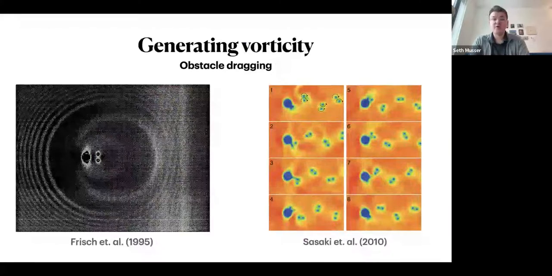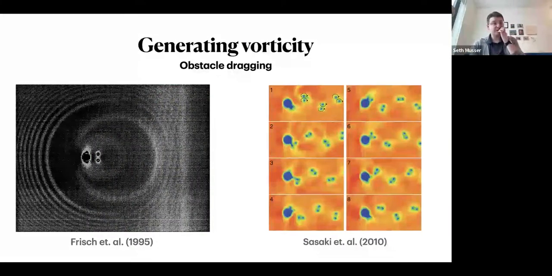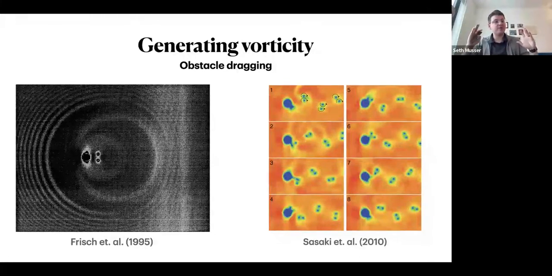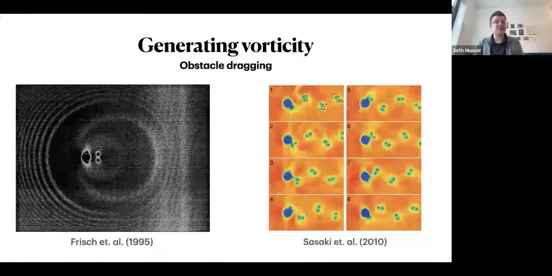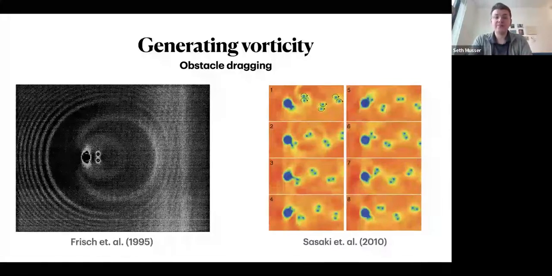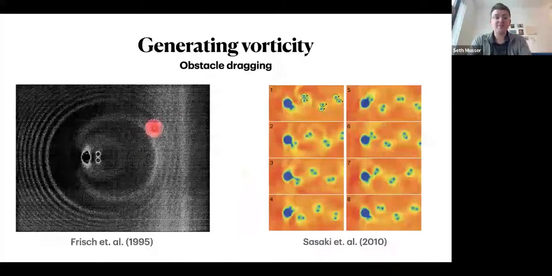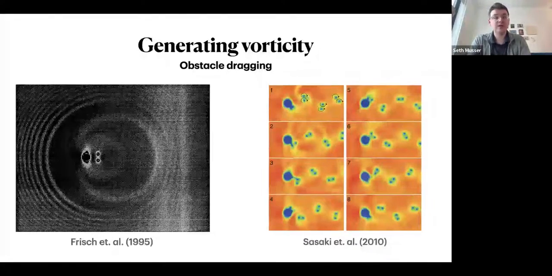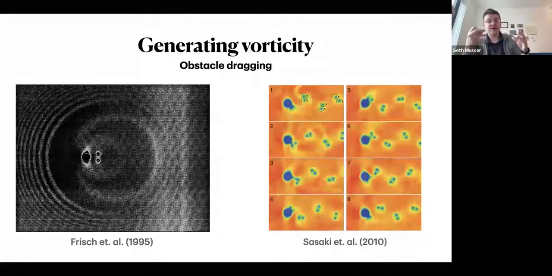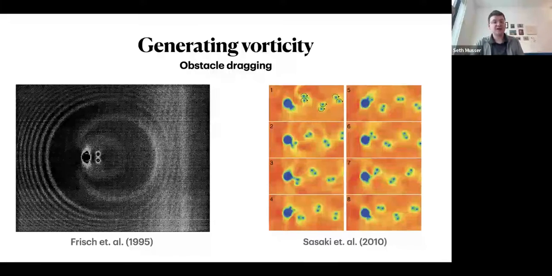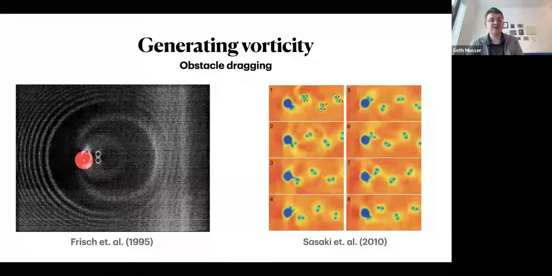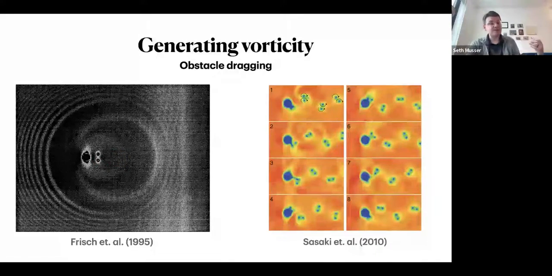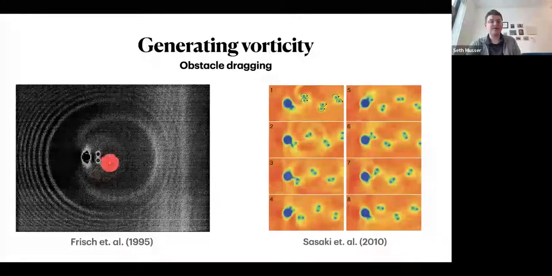Okay, so we have these topological defects, but how do we generate them? They may be stable once they're generated, but how do we go from a condensate which has no vortices to one that does? What was found in many numerical simulations, too many to count, I'm just showing two here, is that if you take a large potential, say a Gaussian potential in the shape of a disk, so that the superfluid evacuates from it, and then you drag this potential, you'll create a flow around the disk.